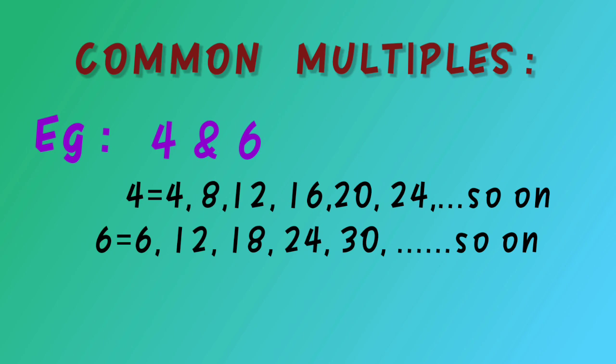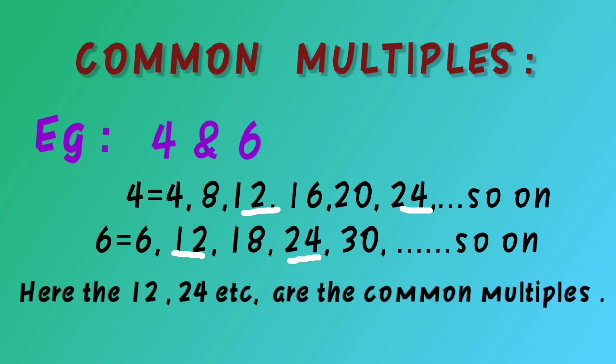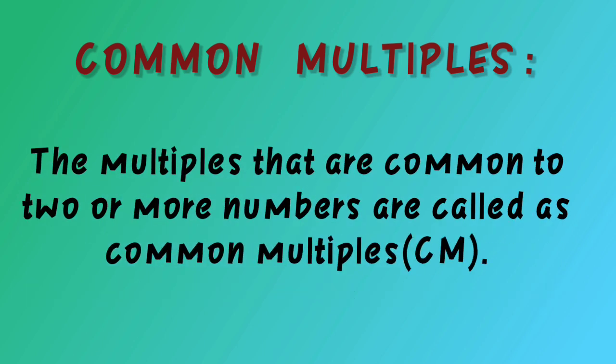Here you can see that 12 is present in both the multiples of 6 and 4, and 24 is also present in both. So 12, 24, etc. are common multiples of 4 and 6. The multiples that are common to two or more numbers are called common multiples of the numbers. This was all about common multiples and factors.